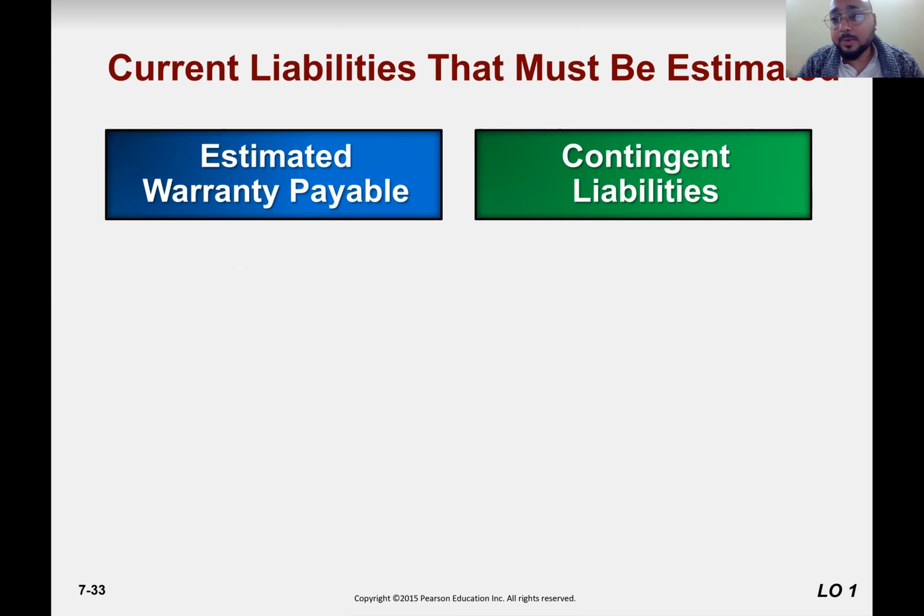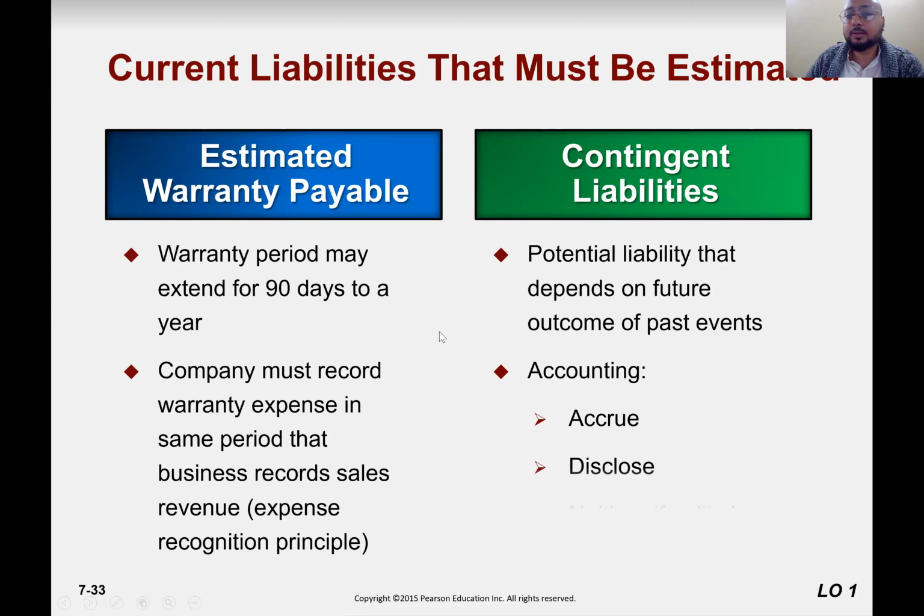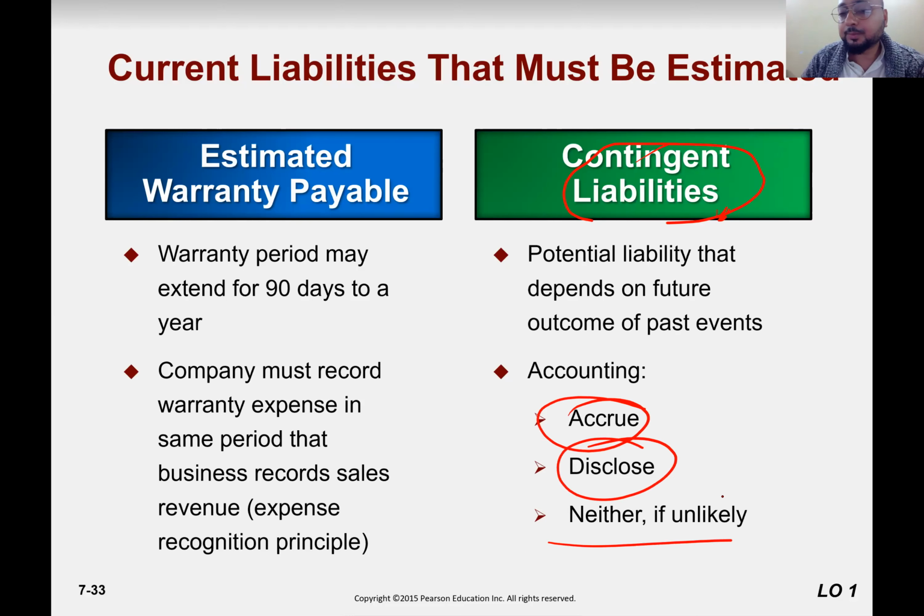But some liabilities are contingent, in which the amount is not known, so we call this contingent liability. These liabilities are not shown on the balance sheet, rather they must be disclosed.